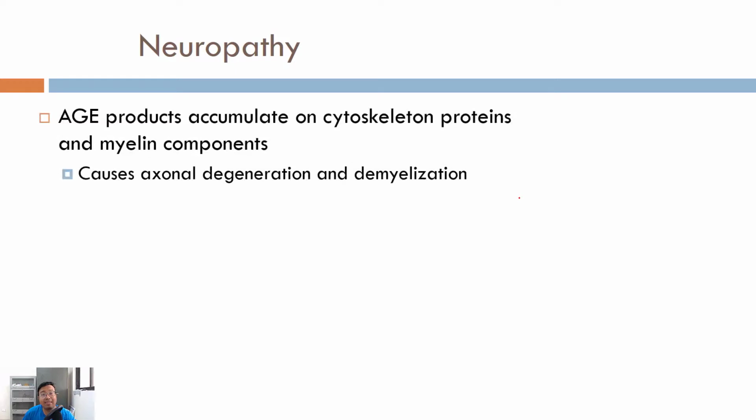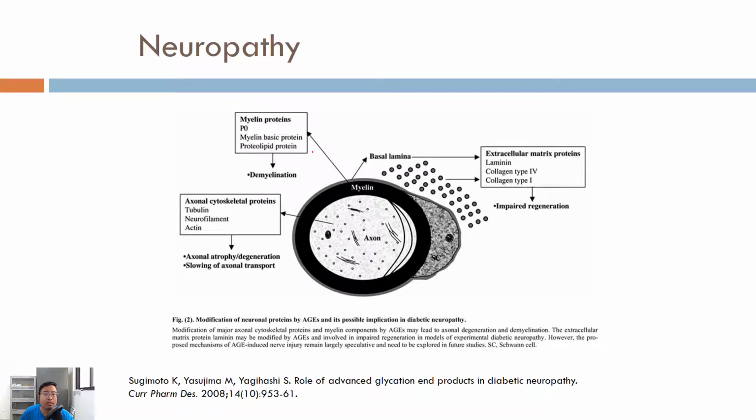In case of diabetic neuropathy, the situation is almost similar. First, they can cause axonal degeneration and demyelination by interacting with multiple proteins, leading to impaired regeneration by altering the collagen types, especially in the basement membrane, right?